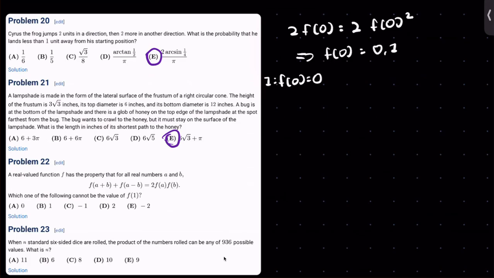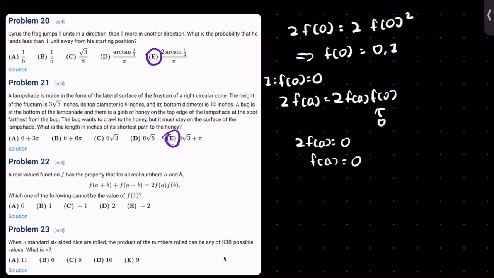Then let's plug in b equals 0, for example. That gives us 2 f of a is equal to 2 f of a times f of 0. But f of 0 is just 0, so 2 f of a is equal to 0, and f of a for all a is equal to 0. And that just knocks off answer choice A. We can't have answer choice A anymore, because f can be 0.